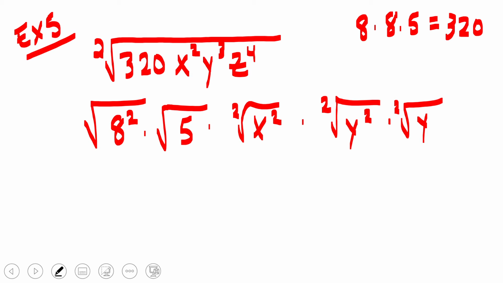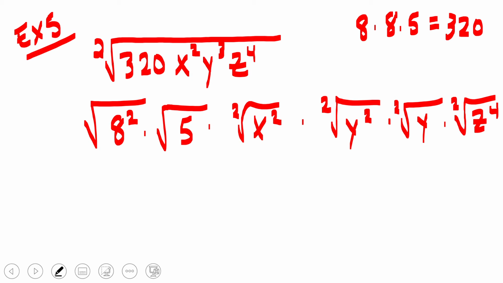Still the same value as y cubed. We just broke it into a value that we can use, and we're going to leave our c to the fourth power alone for now because it has an even exponent.